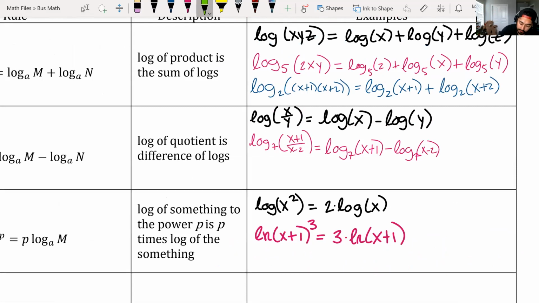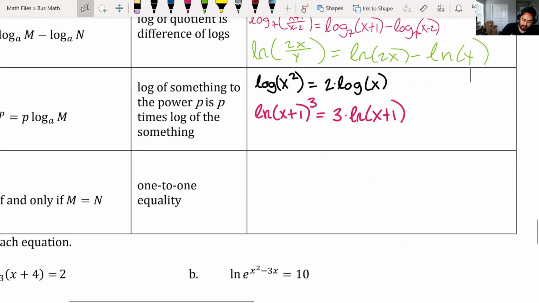So I could put a third property up here. I could say natural log of what? Let's say I just did 2x over y. This could become natural log 2x minus natural log y. There you go. Just to show you that it works for natural logs.